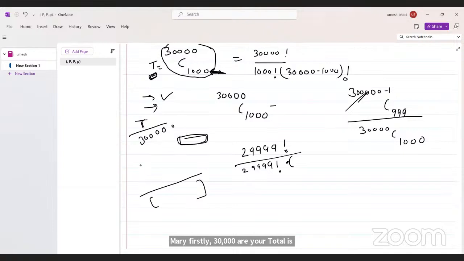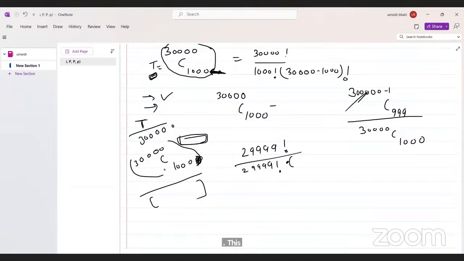Out of that, this is your collection of all total number of 1,000 people collections. So T divided by 30,000 makes no sense for how many combinations Mary occurred in.